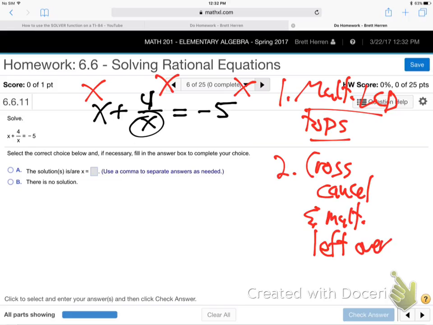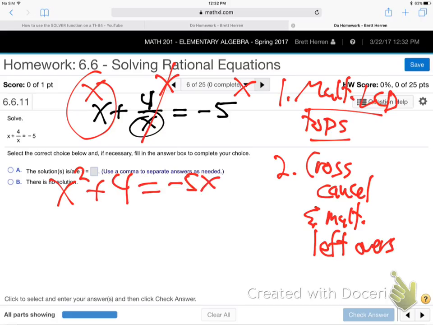All right, so when I cross cancel, I'm canceling numerators with denominators. So these x's will cancel, but these guys will multiply, and this guy will multiply. Let me slow down. Did you catch that? Let me make that negative 5x.